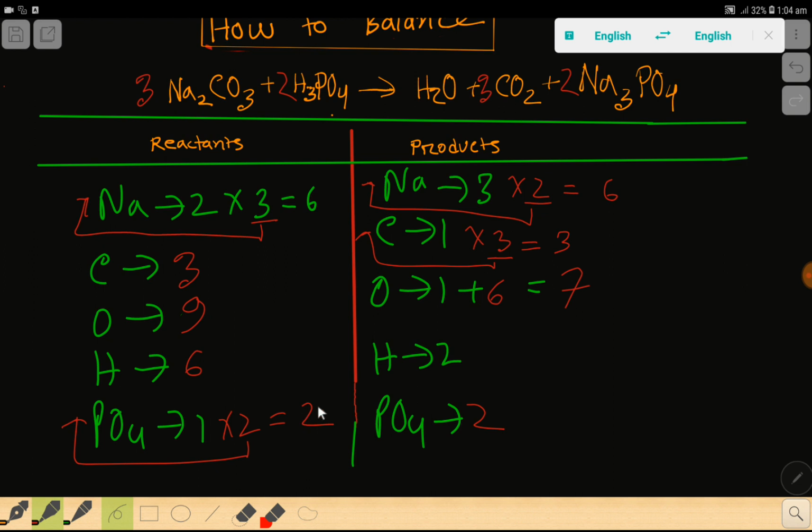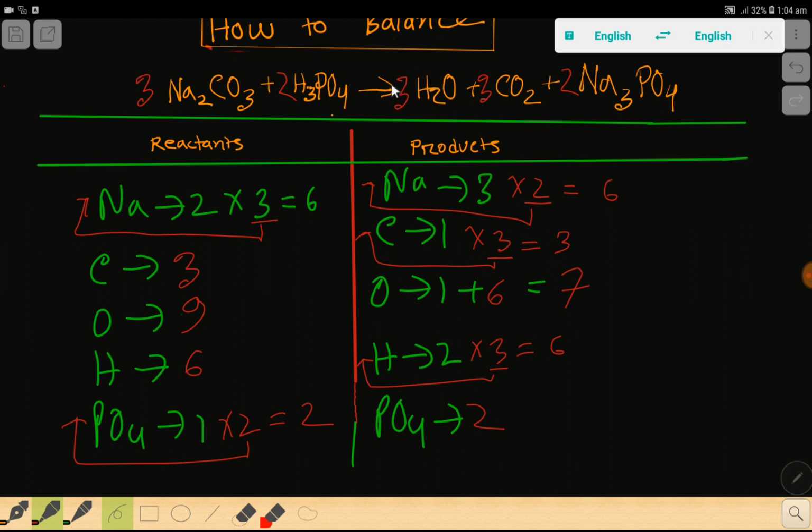Look, phosphate 2 is balanced, but hydrogen here is 6, and here 2. To balance the hydrogen, what can you do? I can simply multiply here by 3, that gives me 6. This 3 must come before this hydrogen, which has come from here, so I have to place 3 here.